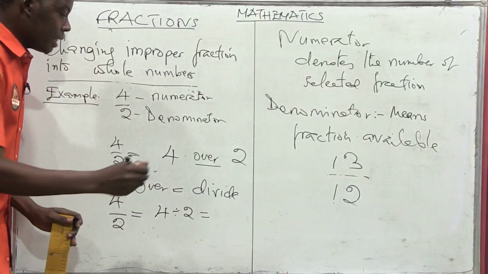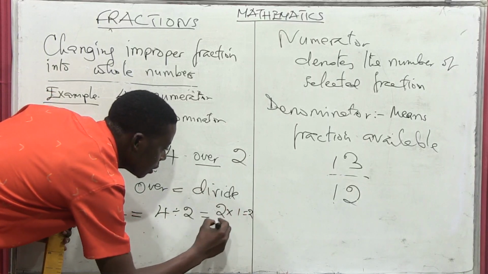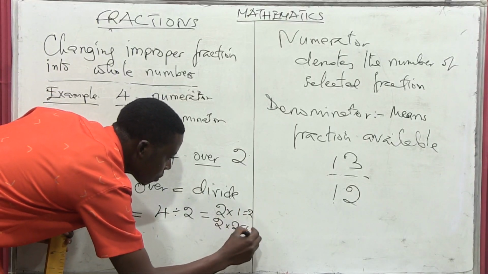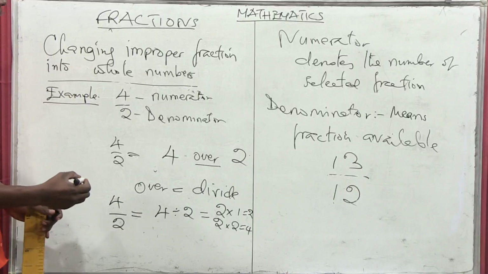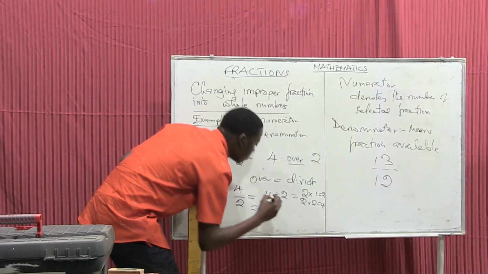For example, 2 times 1 equals 2. 2 times 2 is equal to 4. So 4 divided by 2, the answer is 2.